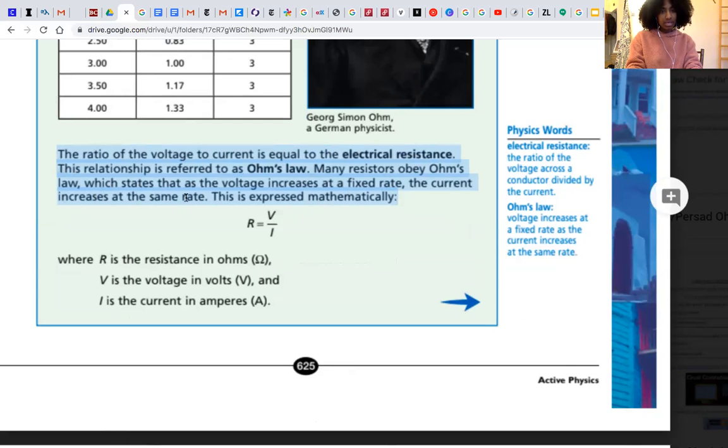same rate. This is expressed mathematically as R equals V over I. Okay, resistance equals voltage divided by current. So R is resistance in ohms, V is the voltage in volts, and I is the current in amperes.